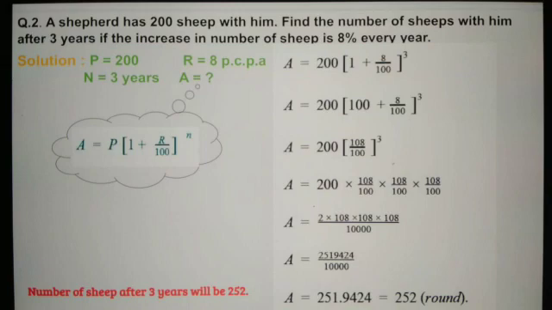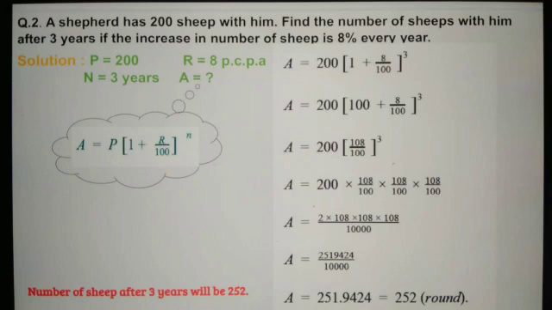Number of years? 3 years. And what have you to find out? Number of sheep after 3 years. So now what is your principal here? 200. Your R is 8%. N is 3 years. And number of sheep after 3 years will be your amount. That is what you have to find out.